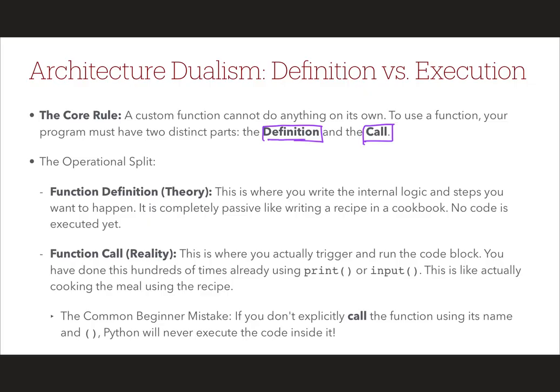In the case of the function definition, this is where you write the internal logic and steps you want to happen. It is like writing a recipe in a cookbook. But when you write a recipe in a cookbook, it does not actually make any food, right? So the code is not executed yet.